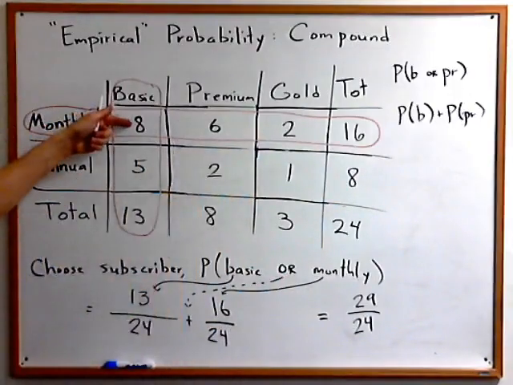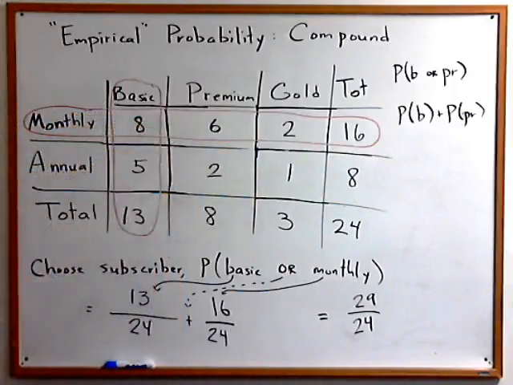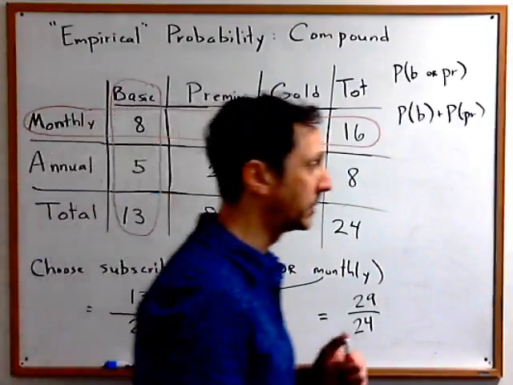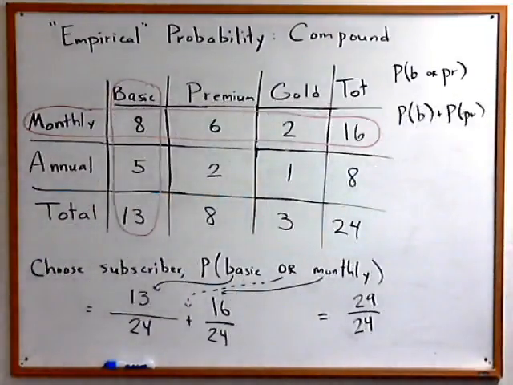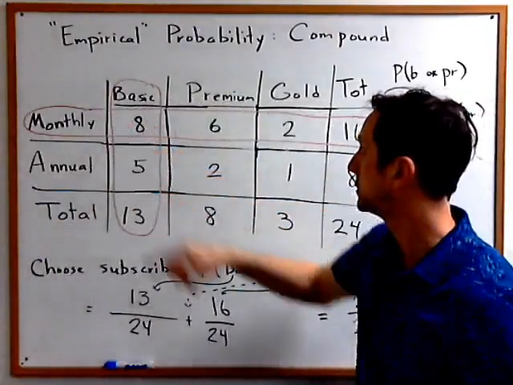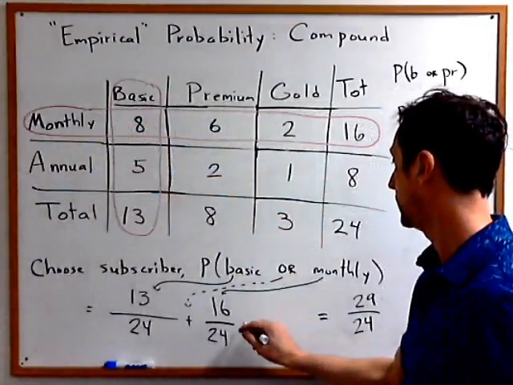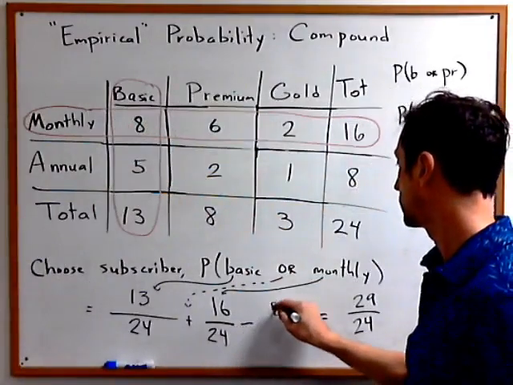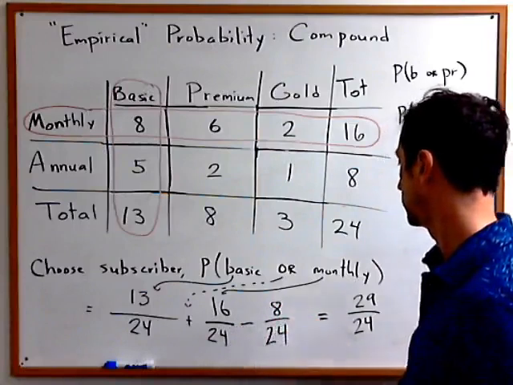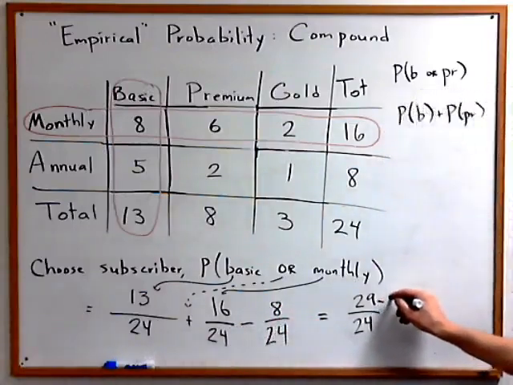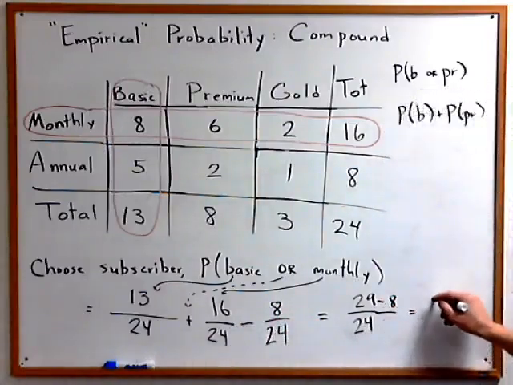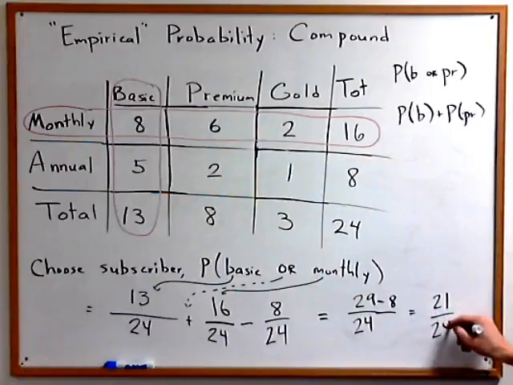Well, we just counted these 8,000 people twice because they were counted as both basics and monthlies. That's the complication here. So since we counted these 8,000 people twice, we now have to fix the problem by subtracting them once.